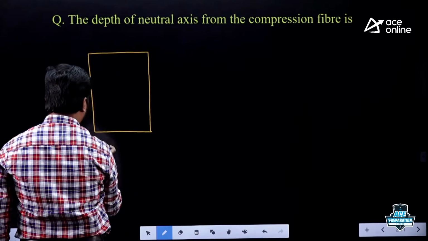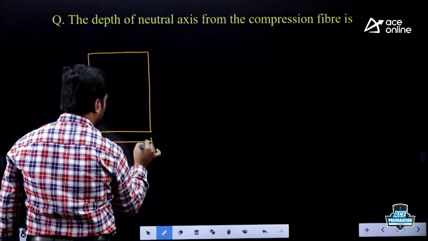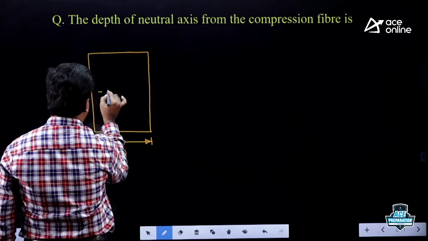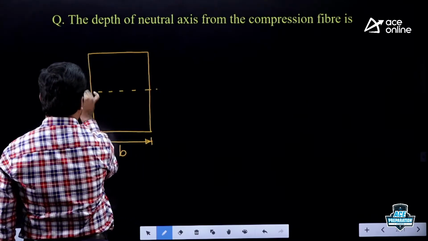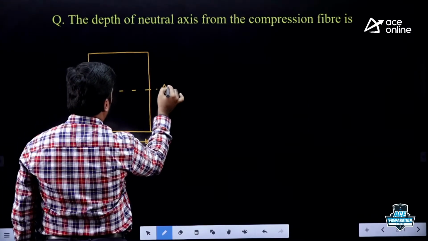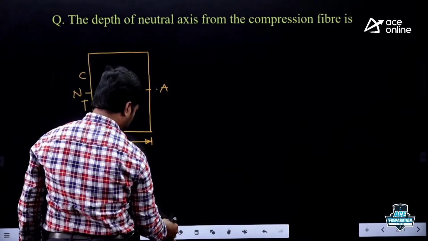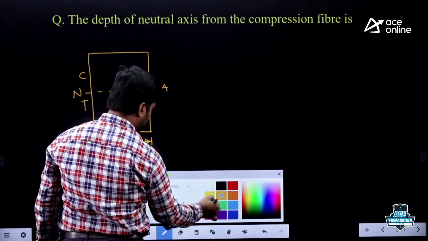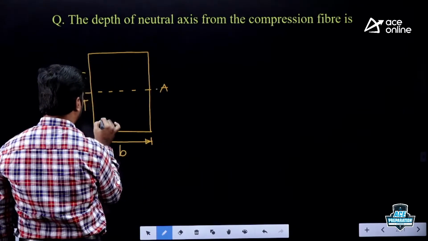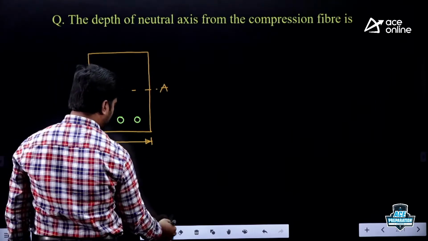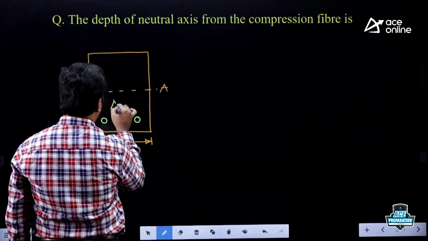Width of the beam, say B. This is the neutral axis position. Above neutral axis compression, below neutral axis tension. Now in the tension zone, we are placing the steel reinforcement. Say its area is AST.